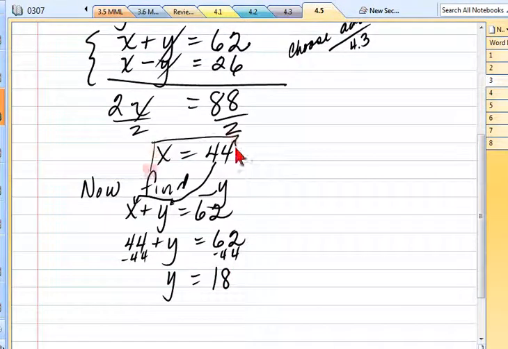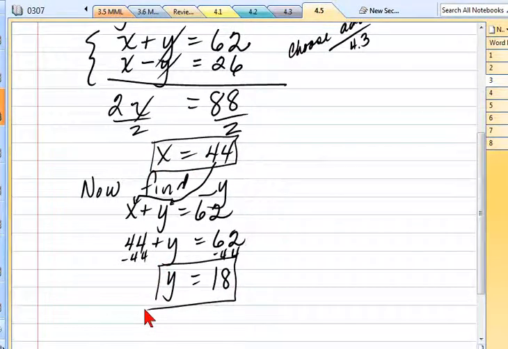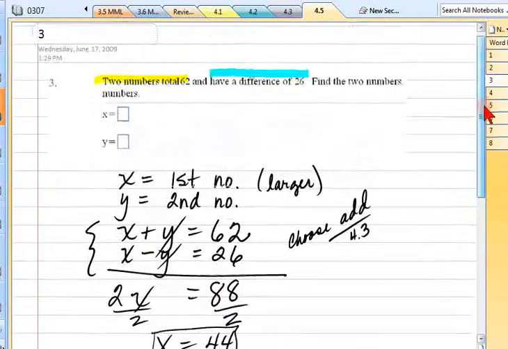I got answers of 44 and 18. Look back up. Prior to this point, we've been answering our questions about systems as ordered pairs. Up here, it just has blanks.